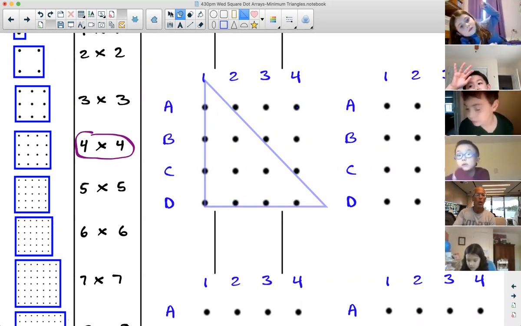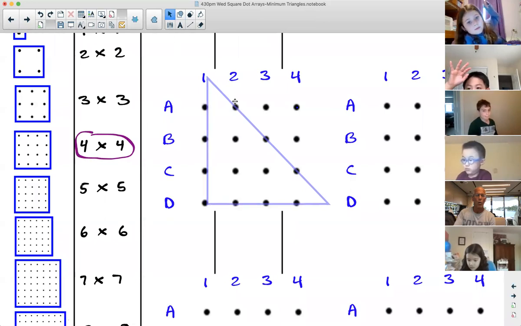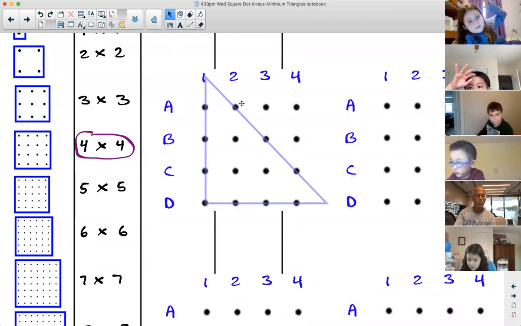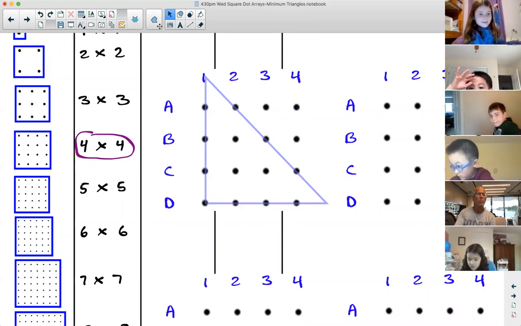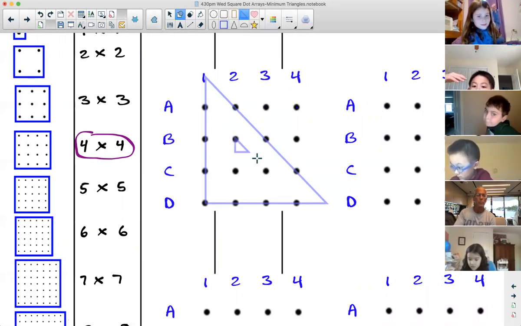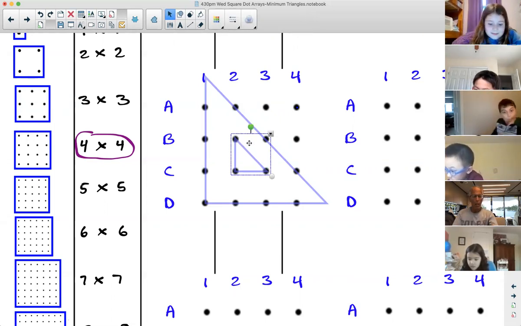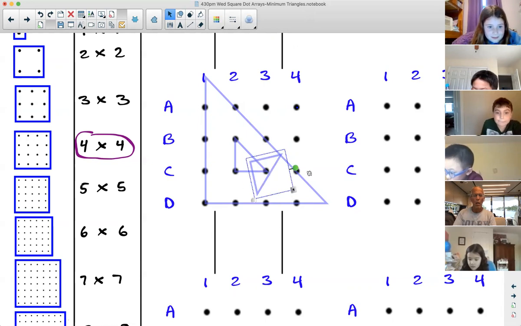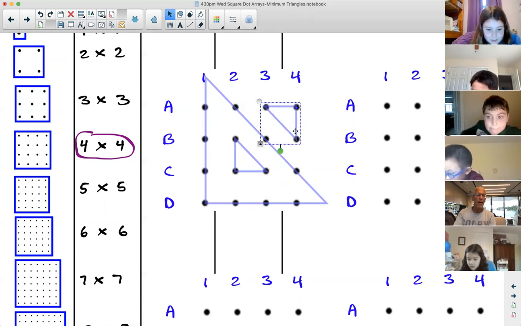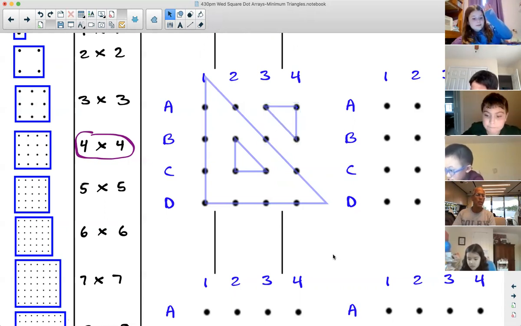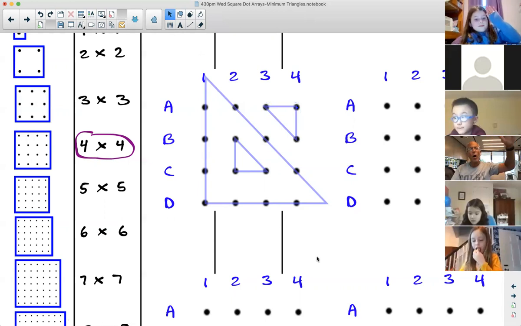And then a triangle in B2 to C2 to C3. I like it. And then a triangle from A3 to A4 to B4. Everybody raise their hand if they got the same solution. Awesome, great job.